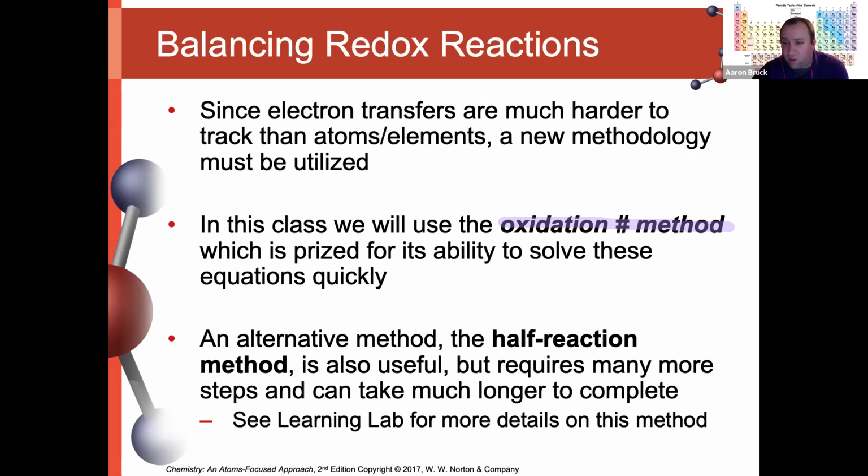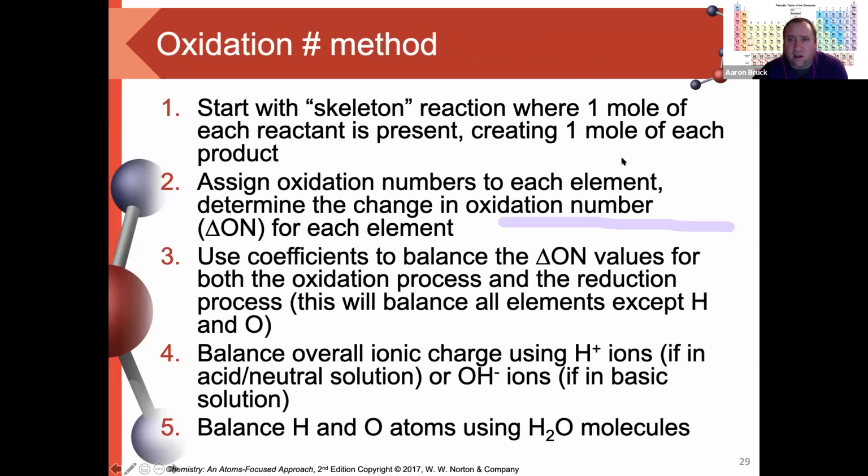Again, if you end up having to take Chem 2, when you do the electrochem unit, the half reaction method is how electrochemical reactions are presented. But like I said, for our purposes here in this course, we usually just have to balance reactions, and the oxidation number method is a good deal faster. So let's get into what the method looks like.